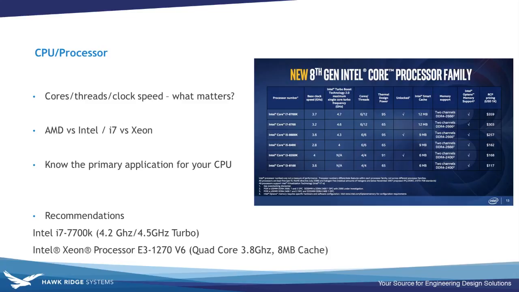Xeon processors, their price goes up real quick. It's not quite an exponential curve, but it's getting close to it. As soon as you start delving into the 10, 12 core processors for Xeon, your price point jumps well above the $1,000 mark. So budget is a huge consideration when looking at those processors. And again, we don't need to go to that length unless we have an application that deserves that kind of processing power.